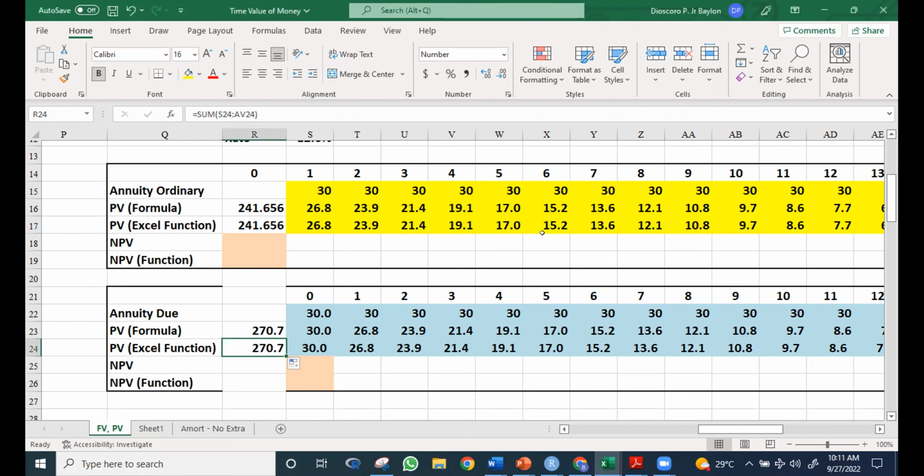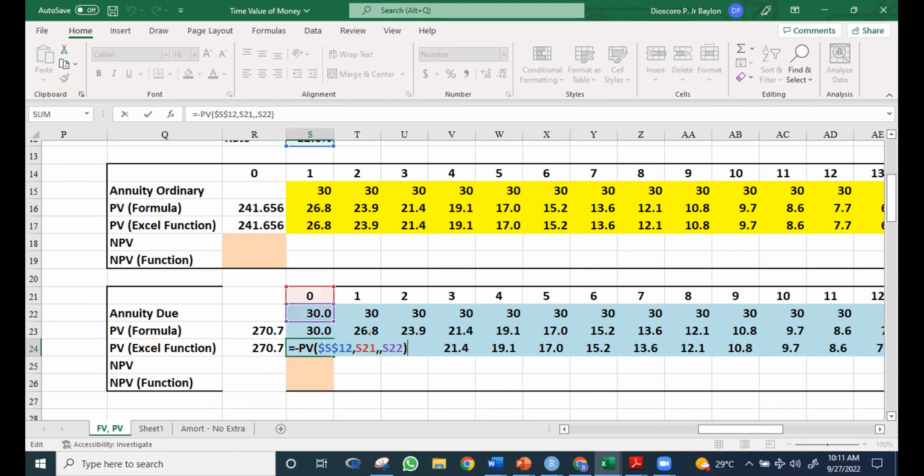No, not here. Okay, so let me clarify that. I think I know what you're getting at. Here, we're just getting the present values. What we're doing here is we use the long cut. We just got the present values, and we're using the time. This is 0, while this one is time 1.